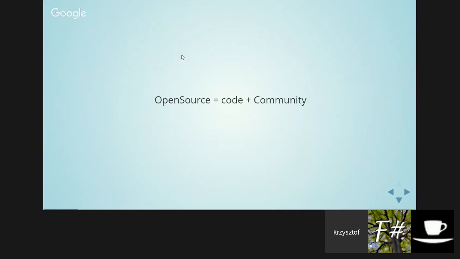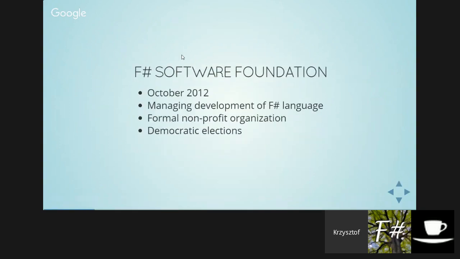Before we move to tooling and projects I contribute to, I will give two examples of F# as a community-driven ecosystem. First of all, the F# Software Foundation, which was started in 2012, and is responsible for generally managing the development of the F# language ecosystem as a whole.